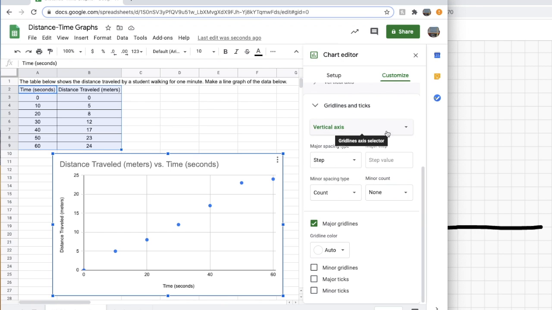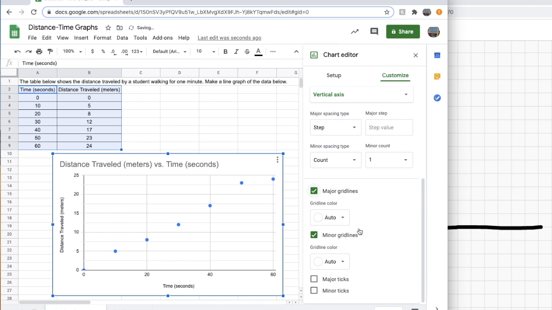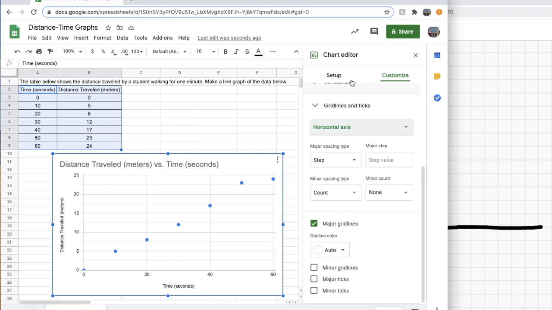So what I want to do is for my vertical grid lines, they only have the major spaces. So I want to have the minor ones as well. And then I want to do the same thing with the horizontal. So this puts much better context in there as well.